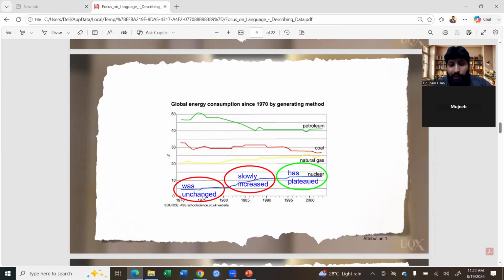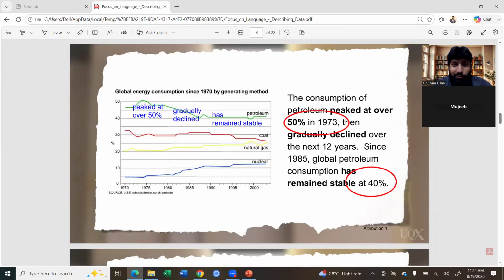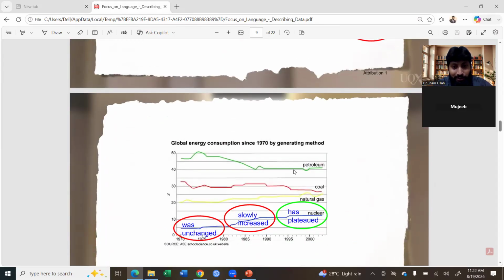Now, instead of saying it peaked, right? It is said has plateaued, right? It means the same as peaked at over 50%. Both of them mean the same thing.